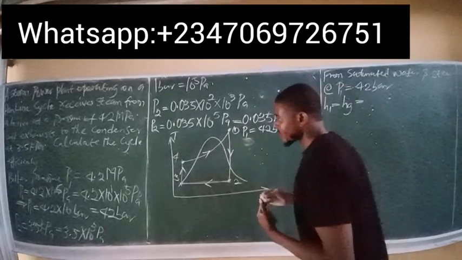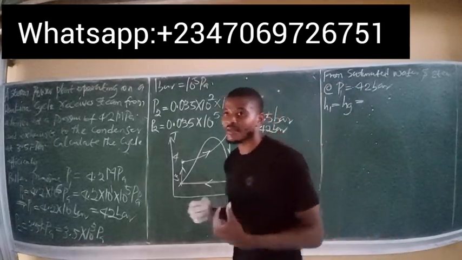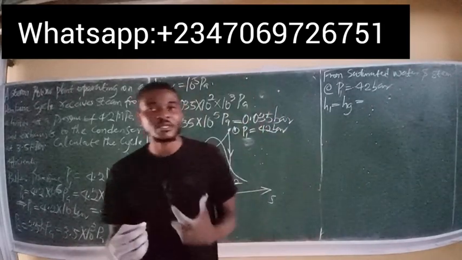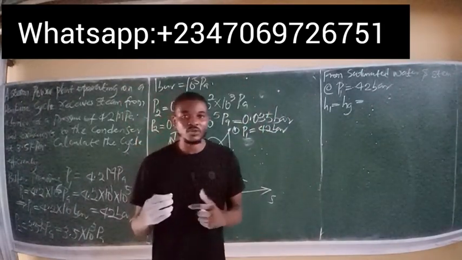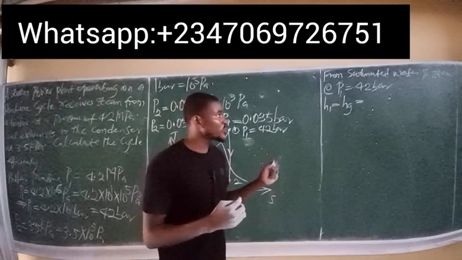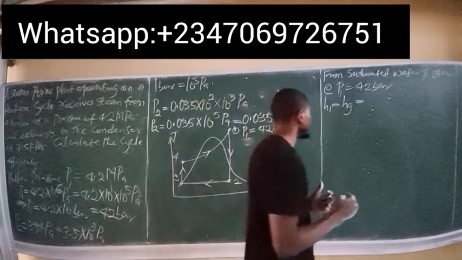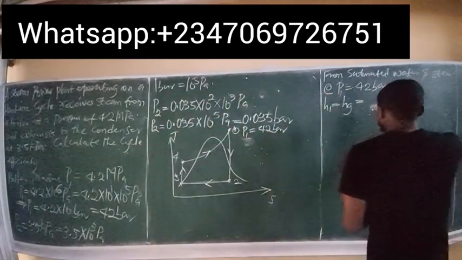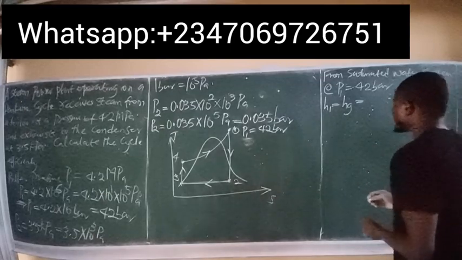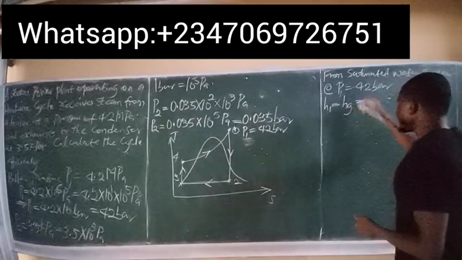Remember from the previous video when I explained the Rankine cycle, I said H1 equals the enthalpy of the gas at the first pressure, the pressure of the boiler. So you look up the saturated water and steam table corresponding to 42 bar. H1 equals Hg. What is Hg at 42 bar?